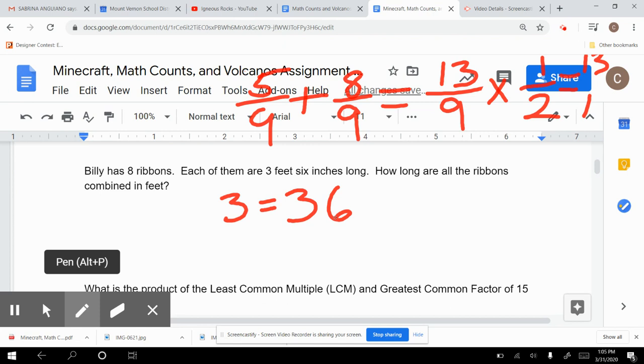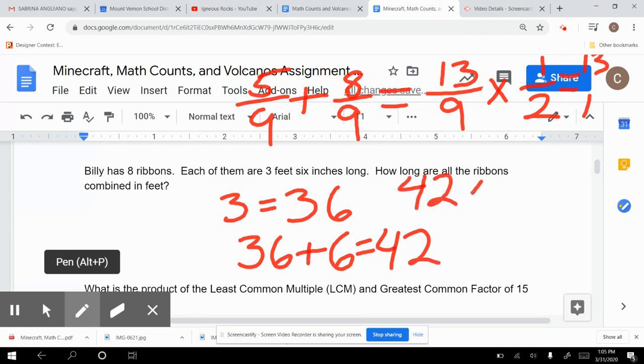It's 3 feet 6 inches, so I'm going to add 6 more to 36, and that gives me 42 inches per ribbon.